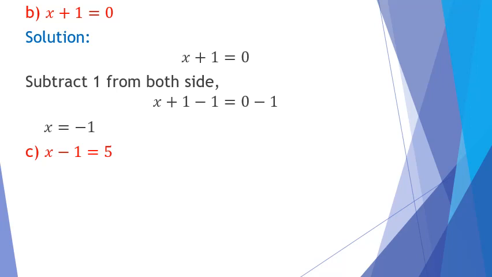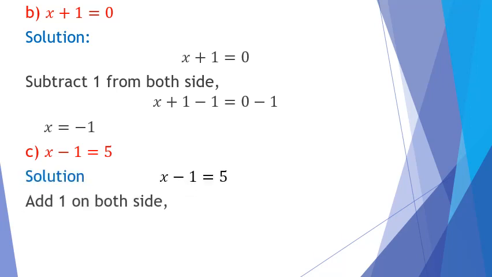Our next question C, x minus 1 equal to 5. In the LHS, here the numeral is 1. So to remove 1 from LHS, you can add 1 on both sides. So we can write: add 1 on both sides. So we get x minus 1 plus 1 equal to 5 plus 1.